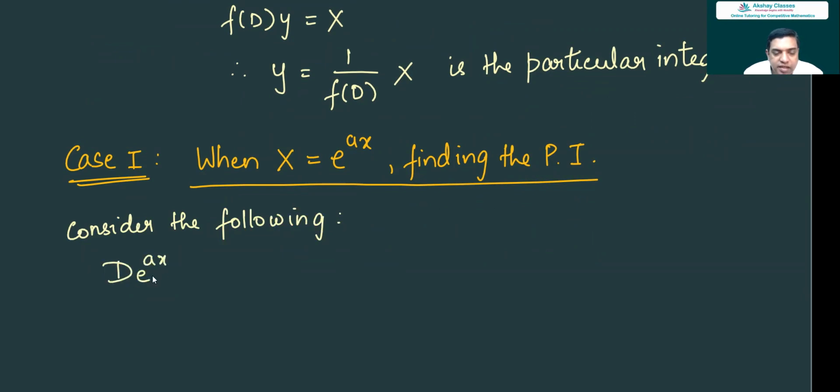See this, d e power ax is nothing but the first derivative of e power ax with respect to x. So you get a e power ax. d e power ax is a e power ax.